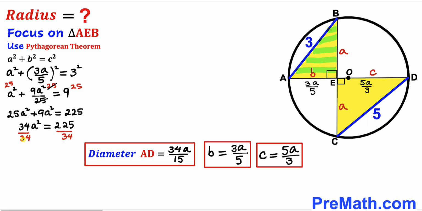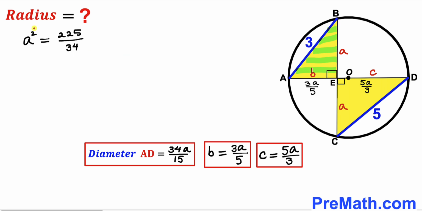And now we are going to divide by 34 to isolate a square. So this is gone. So therefore a square turns out to be equal to 225 divided by 34. And now I'm going to undo this square by taking a square root on both sides. And here we can see a turns out to be equal to square root of 225, which is simply 15, divided by square root of 34.